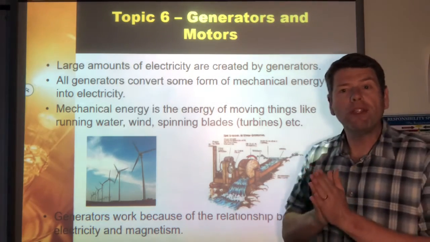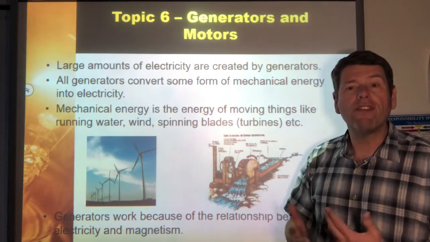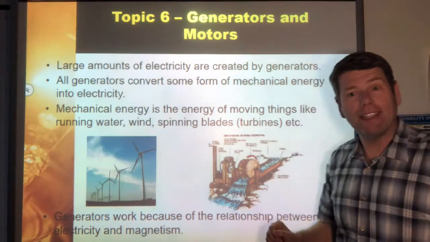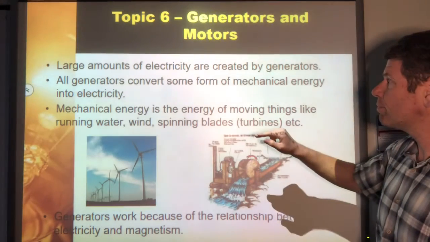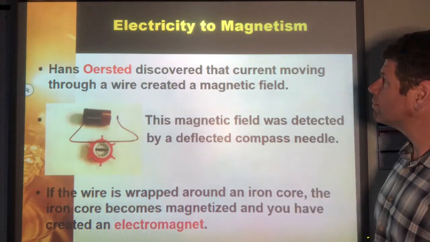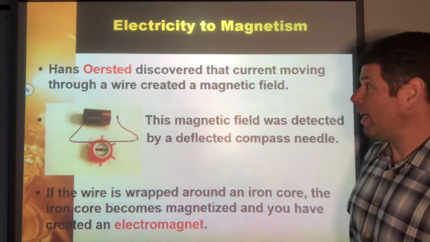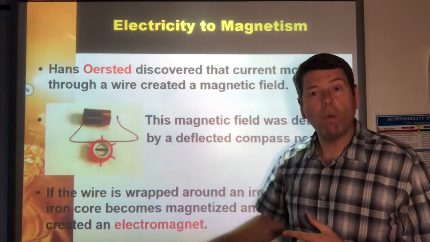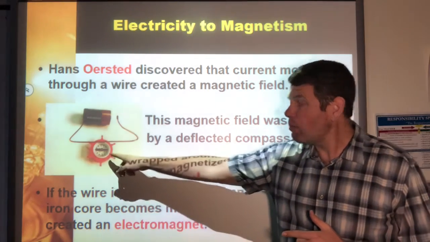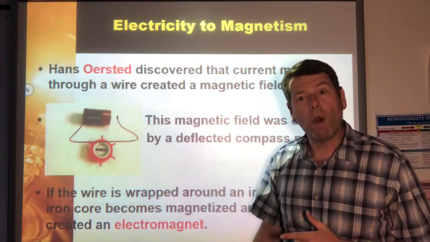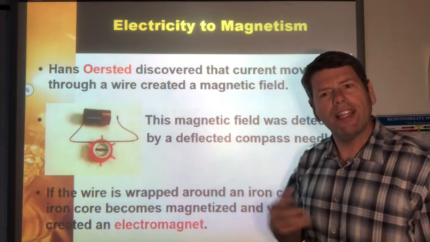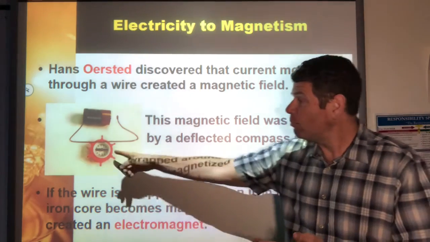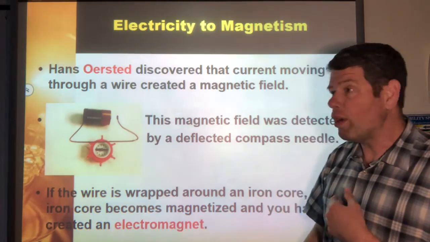Now guys, the only way that this actually works is because of a very special relationship between electricity and magnetism. A scientist by the name of Hans Ørsted discovered that if you had a current moving in a wire, it would deflect a compass needle when the needle was brought close to the wire, inferring that the moving electrons, the electricity, was creating a magnetic field that the pole of that compass was responding to.